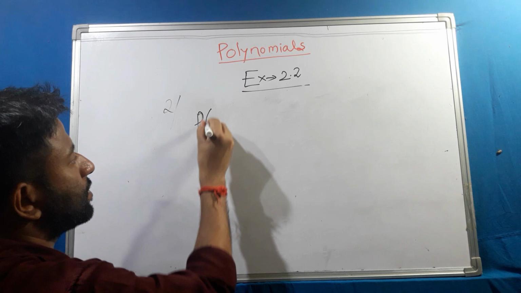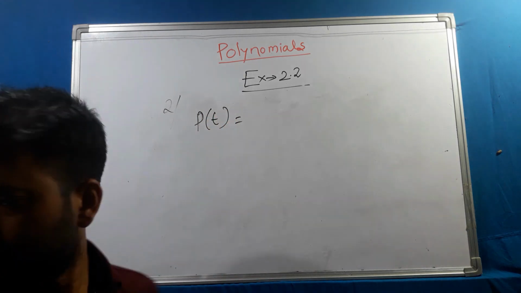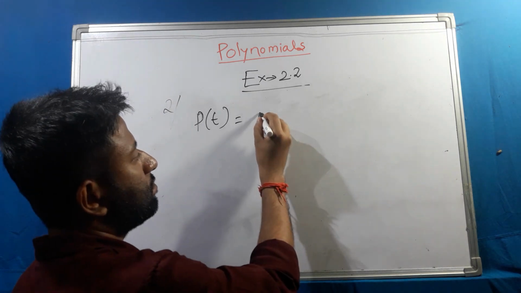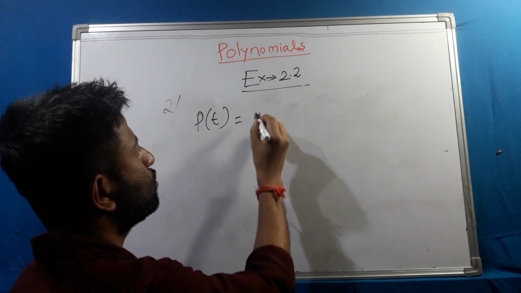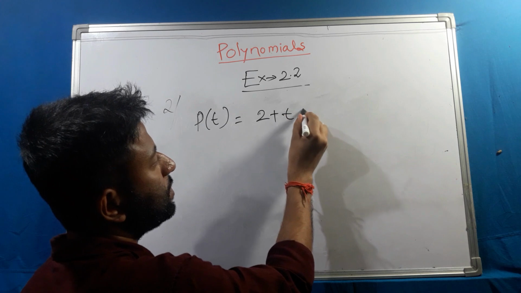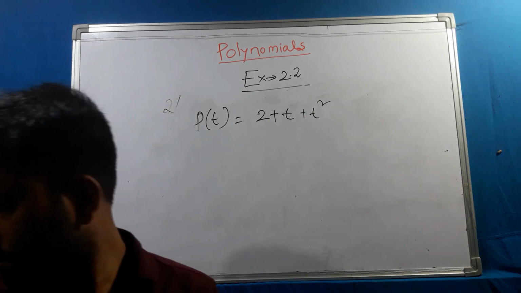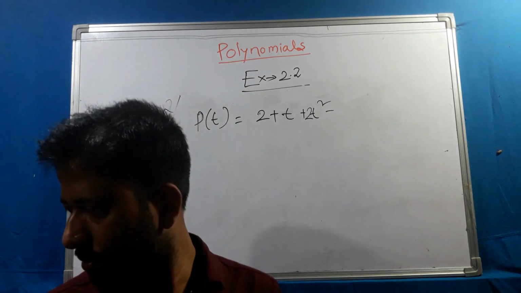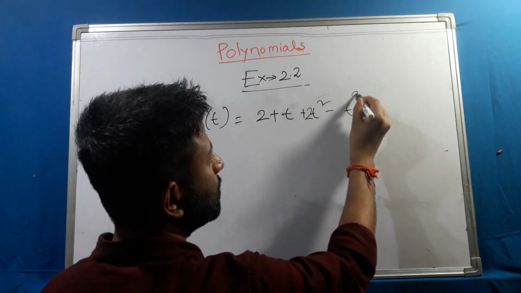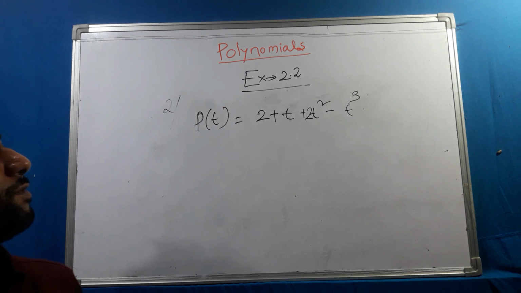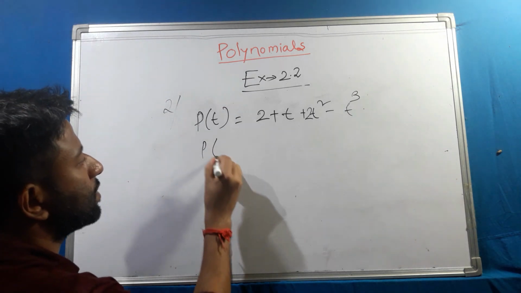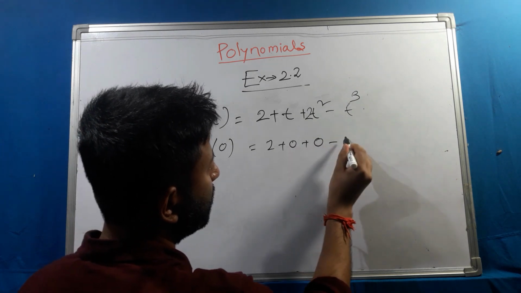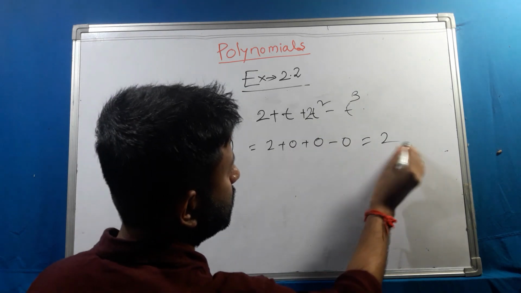They have given a function, the expression is 2 plus t plus t square, 2t square minus t cube. Now if we put 0, it becomes 2 plus 0 plus 0 minus 0, that is 2.